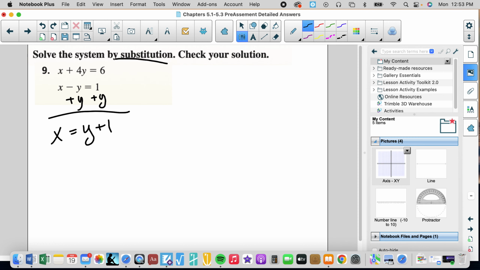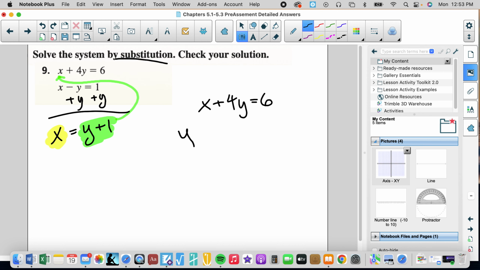You must use substitution. I'm going to check your work and make sure that you are using substitution. Also very important, we can't substitute it back into the original equation. We must substitute it into the other equation that we haven't manipulated.